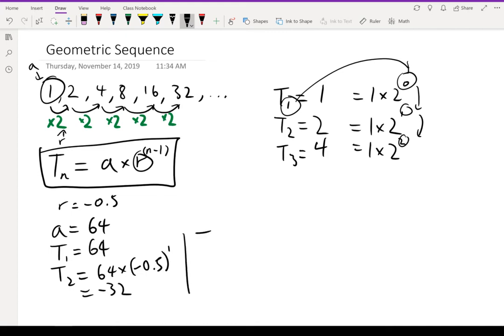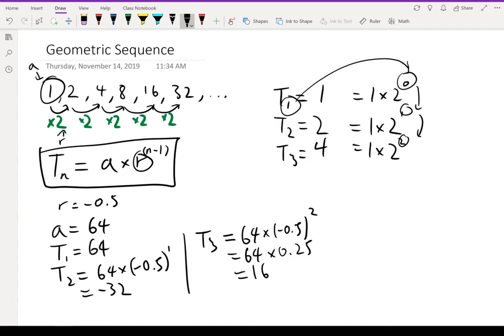And then if we look at t3, that's going to be 64 multiplied by negative half to the power 2. And what that is, is 64 times, negative times negative is positive, 0.25, which is a quarter, which is in fact just half of 32, which is 16.